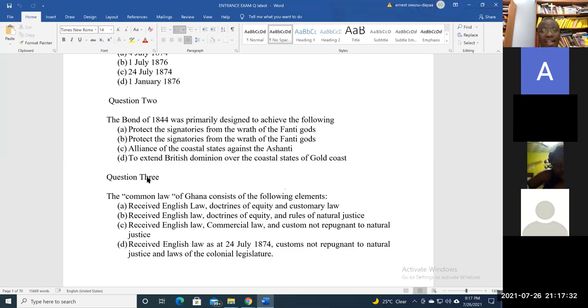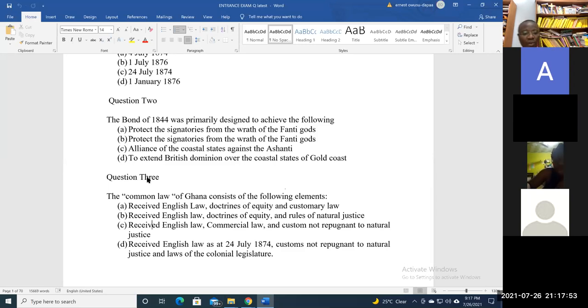And the common law of Ghana is a term of art in the sense that it is broader than what is generally known as the common law. What is generally known as the common law is part of the common law of Ghana. But in addition to that, there are some other things, especially the customary law.